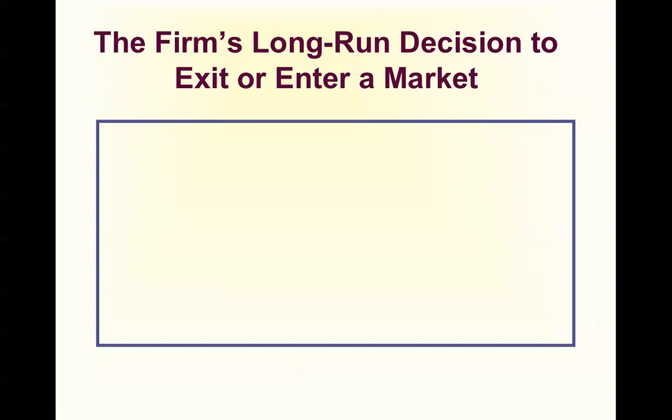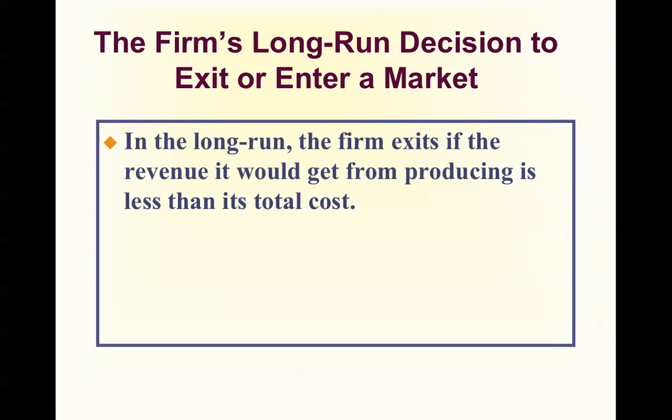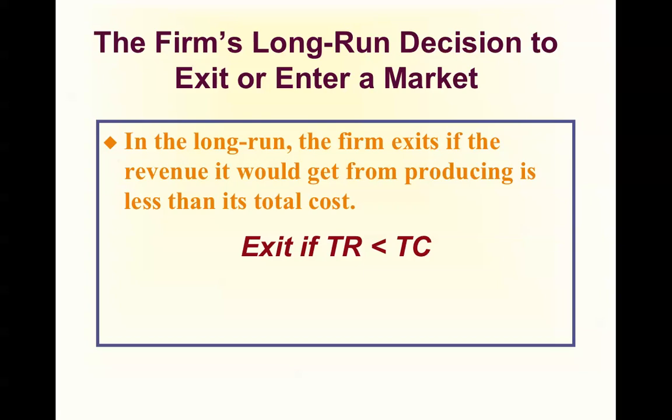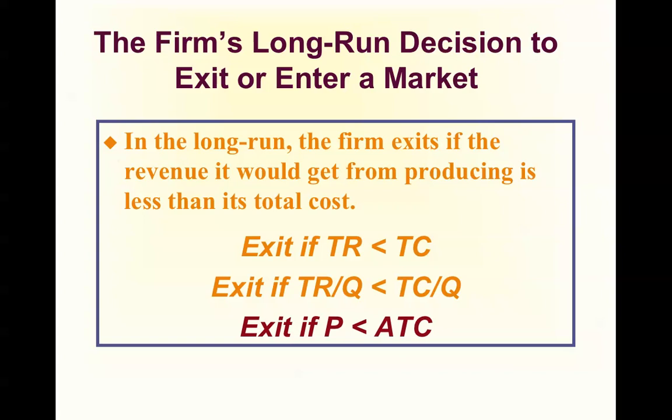Now for the long run, the firm will exit if the revenue it would get from producing is less than its total cost. Exit if TC is greater than TR, divide both by Q. Exit if price is less than average total cost.